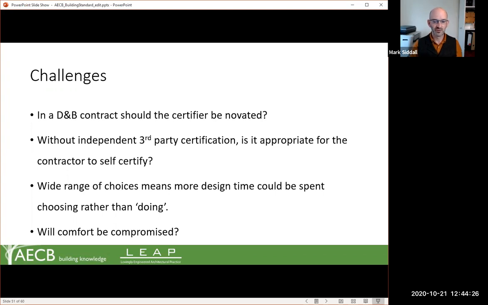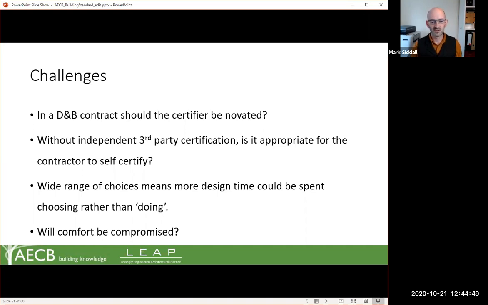The wide range of choices available in terms of trade-offs between ventilation systems and renewables means there's some more design time that has to go into the design process compared to, say, a Passivhaus, but it's no more thought-provoking than a building regulations submission would be.